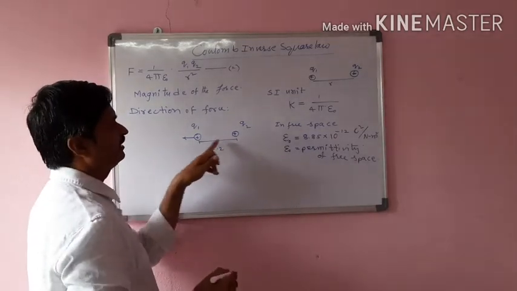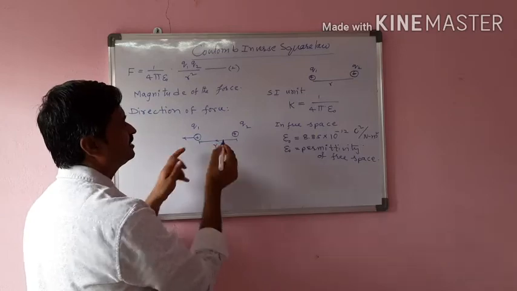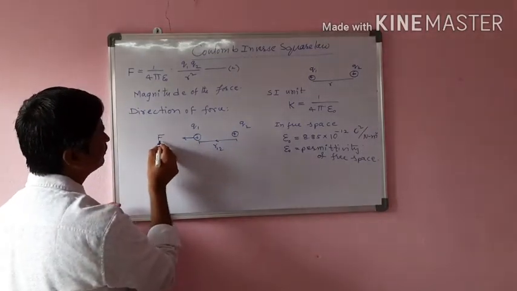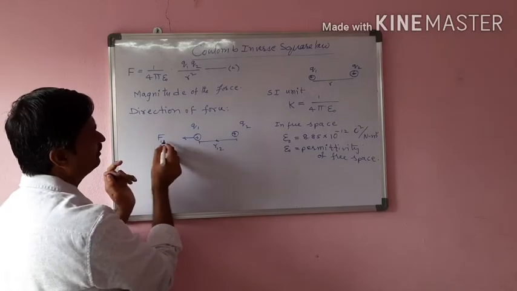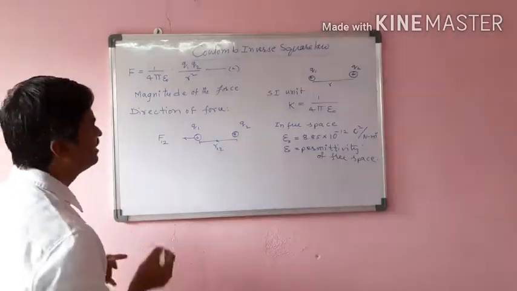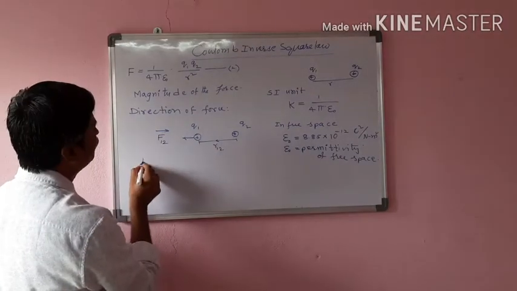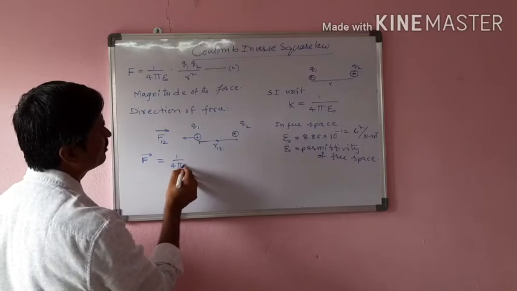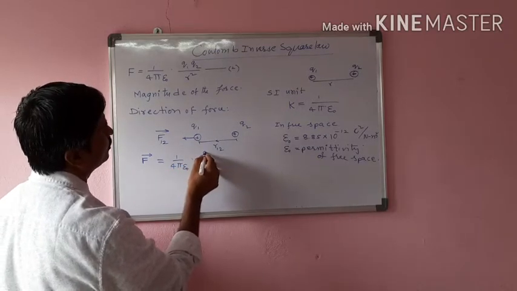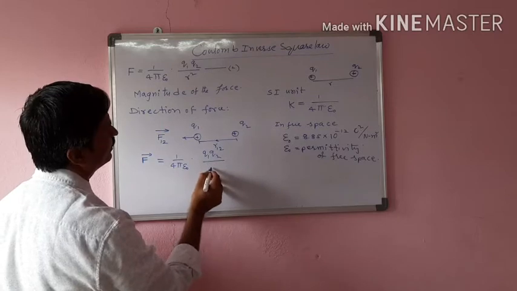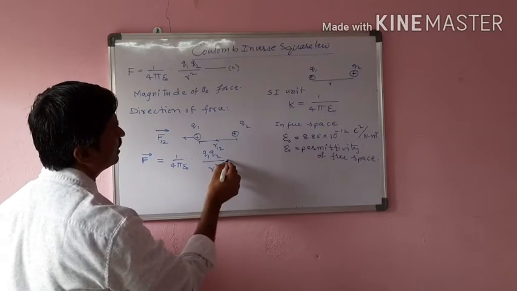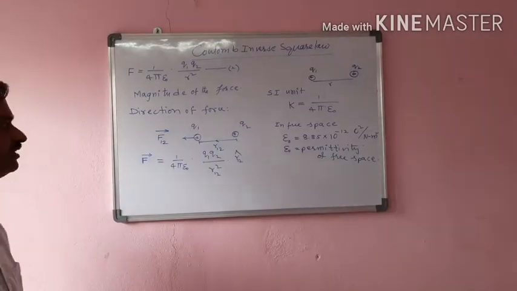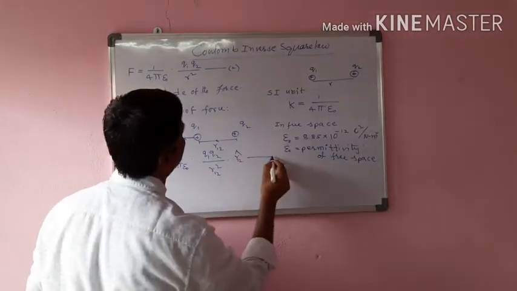That is, the direction is towards 1 from 2, and here we also write the force on 1 by 2. Then we write force F12 is equal to 1 by 4 pi epsilon naught into Q1 Q2 divided by R12 square into R12 direction. This is the force direction.